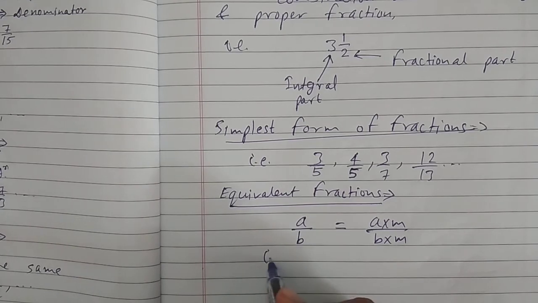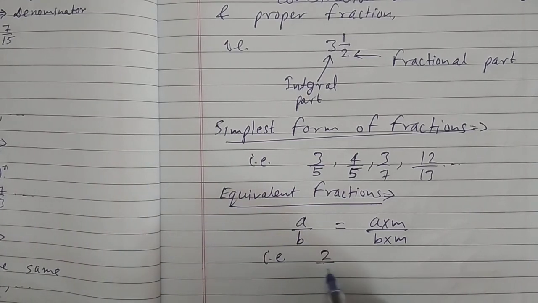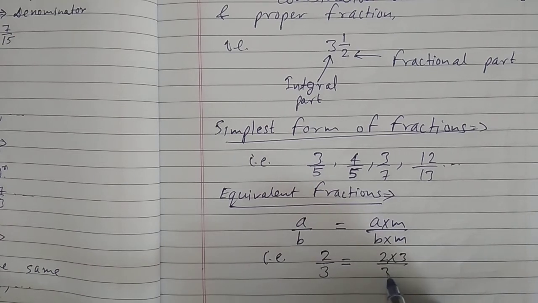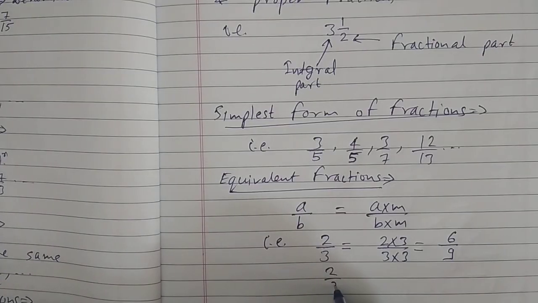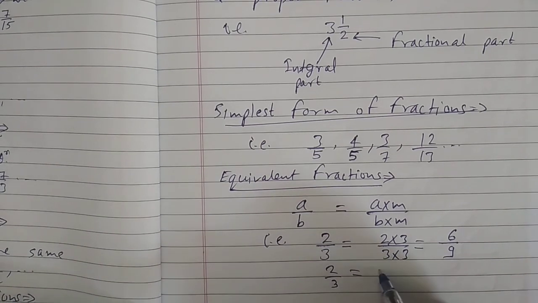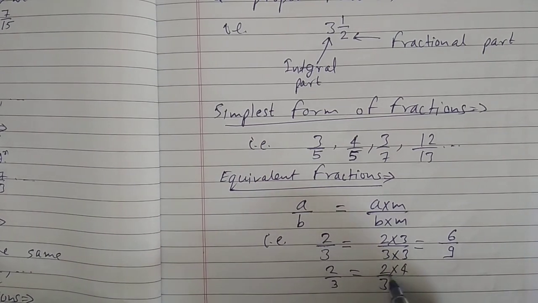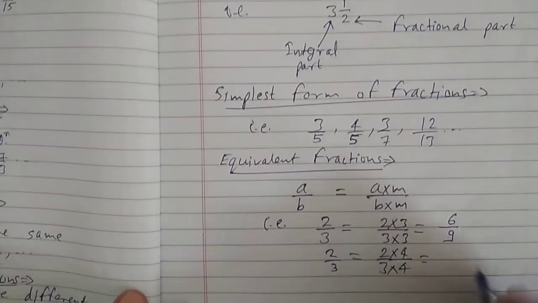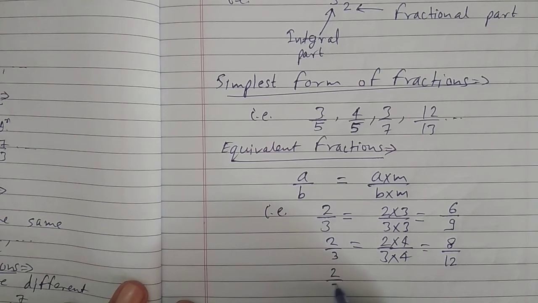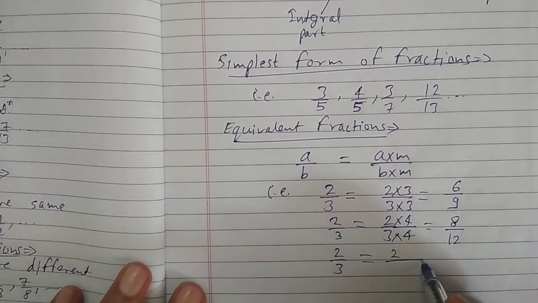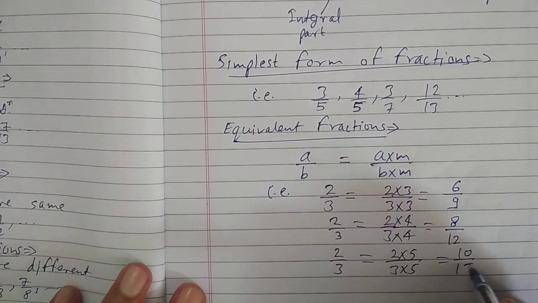For example, 2 upon 3 equals 2 multiplied by 3 upon 3 multiplied by 3, which equals 6 upon 9. Again, 2 upon 3 equals 2 multiplied by 4 upon 3 multiplied by 4, that means 8 upon 12. 2 upon 3 can also be written with multiplication by 5: 10 upon 15.